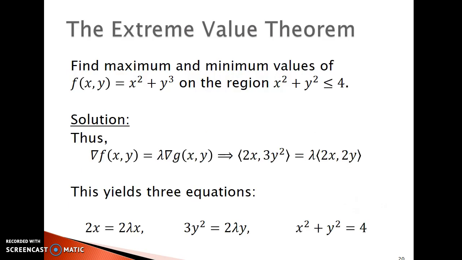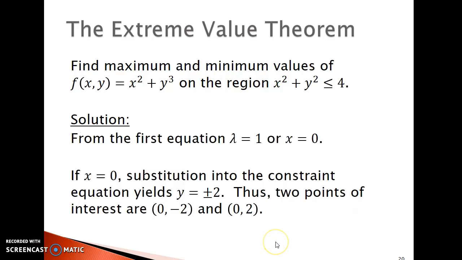But let's go back to the other situation. We said that lambda could also equal +1. Well, if lambda is equal to +1, then we should be able to find a relationship about y. 3y squared would equal 2y in that case.